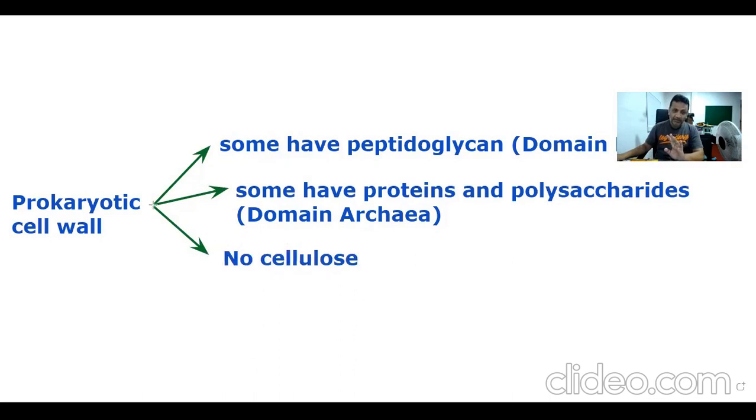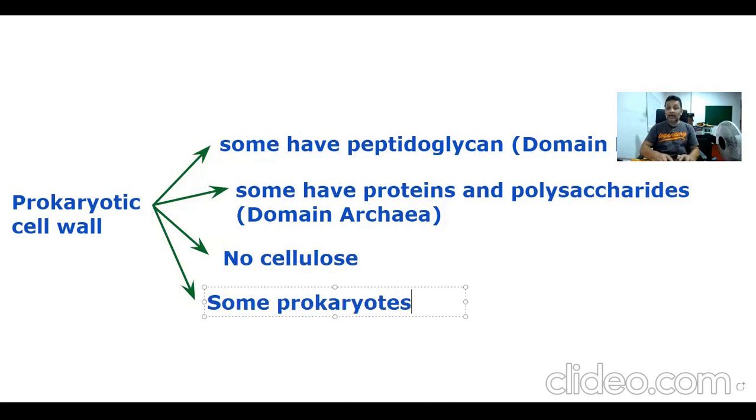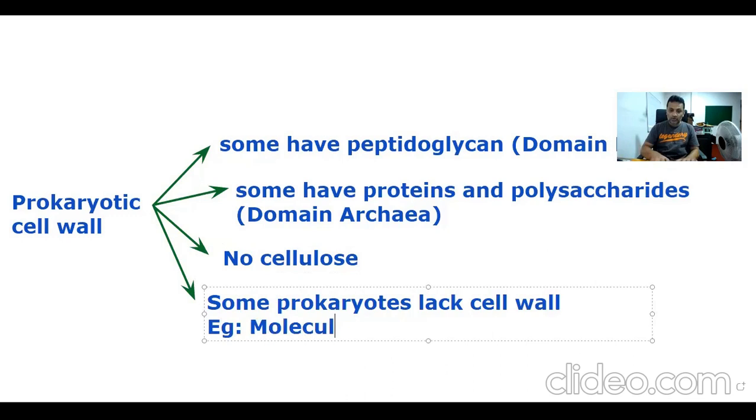And further, some prokaryotes lack a cell wall. And such bacteria that don't have a cell wall are called mollicutes. It is in your syllabus. Molli means soft, cutes means skin.